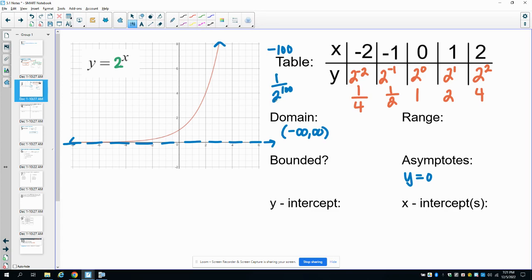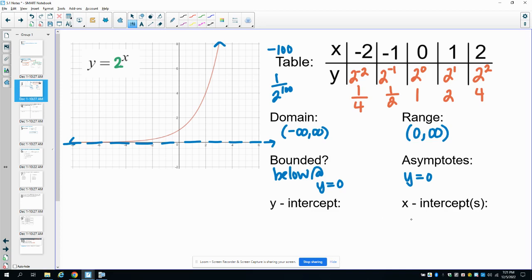So 1 divided by that huge number is basically 0, but not technically. So the range is going to go for anything higher than 0. So it's never actually going to equal 0, but 0 to infinity. And then it is bounded below at y equals 0. So there's that boundary underneath it. So it's considered bounded below at the line y equals 0, which is our horizontal asymptote, or our end behavior asymptote.